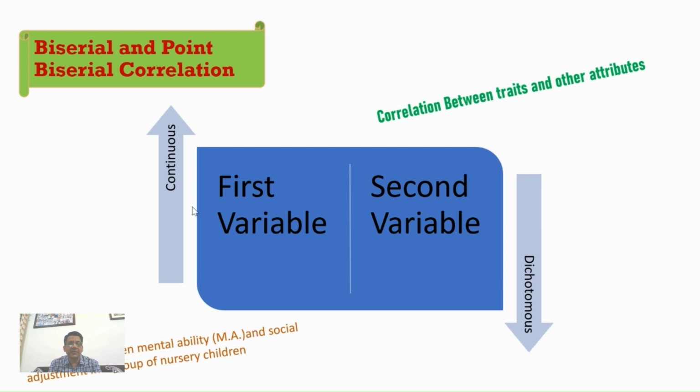But in the second method, that is the Pearson method, if we are interested in finding the correlation or strength of association between two variables, then these two variables should be normally distributed and of continuous nature.